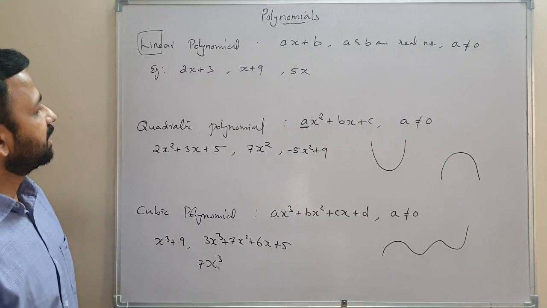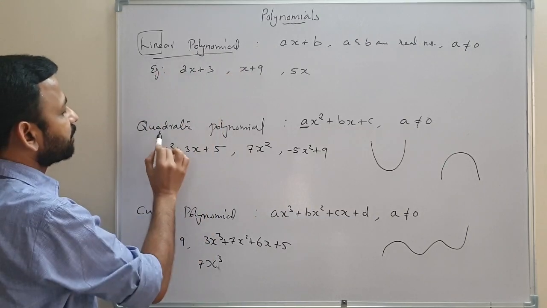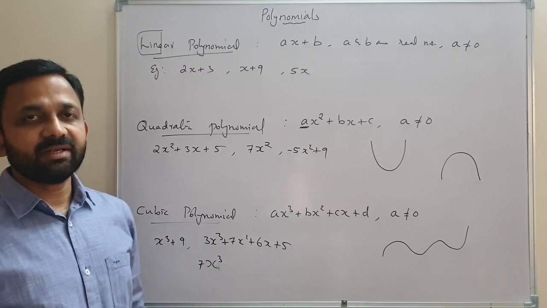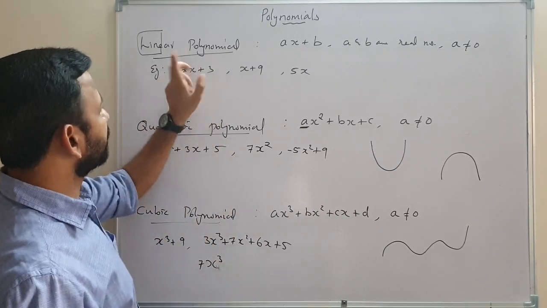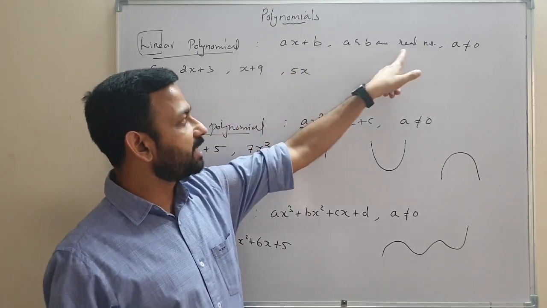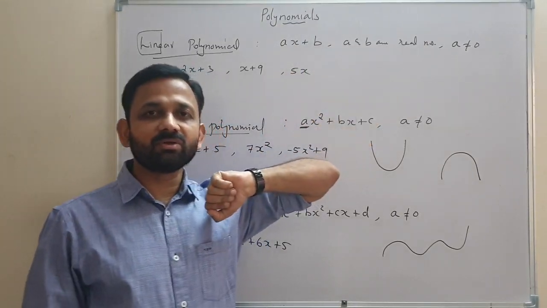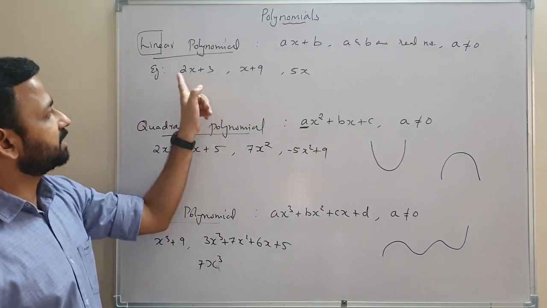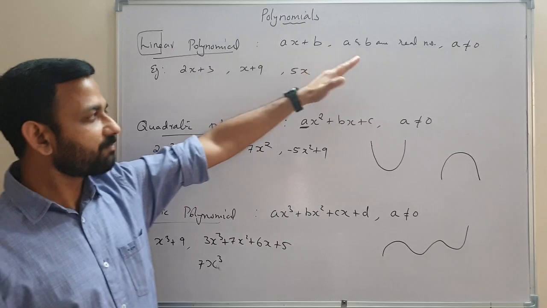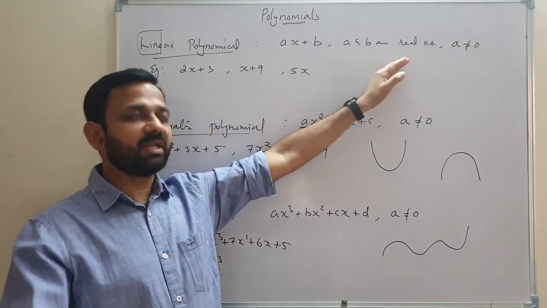So these are the three types of polynomials we are studying in 10th standard. First one is linear polynomial, standard form ax plus b, where a and b are real numbers, a not equal to 0. A linear polynomial is a polynomial of degree 1. When we draw the graph of the linear polynomial, we get a straight line.